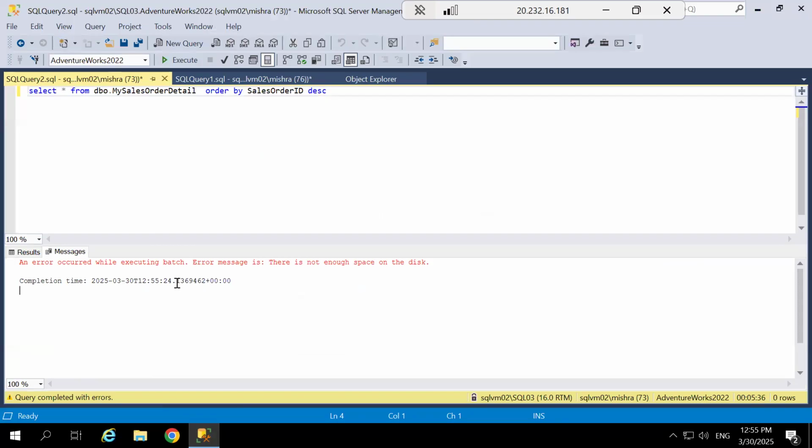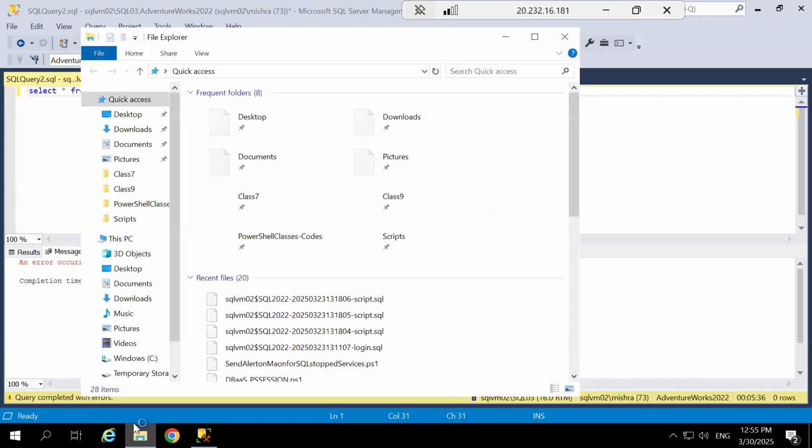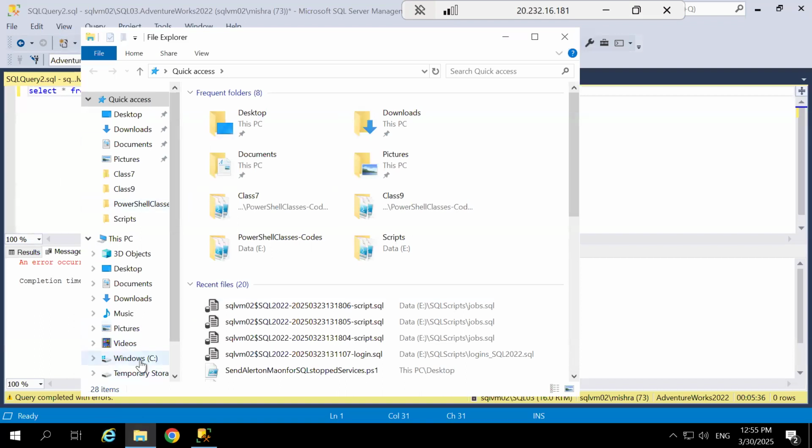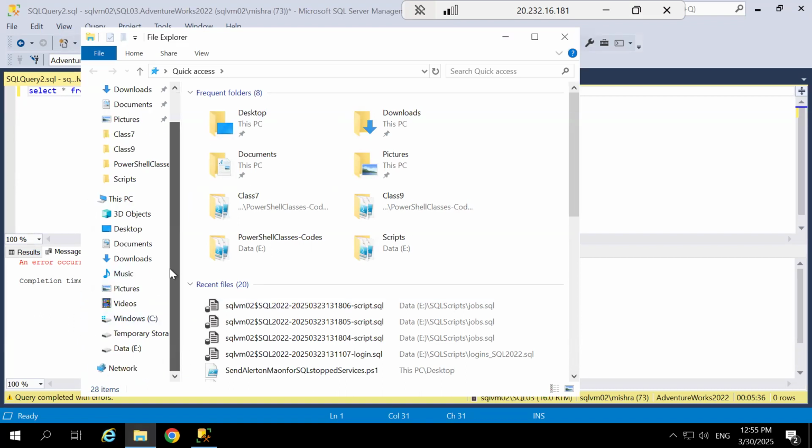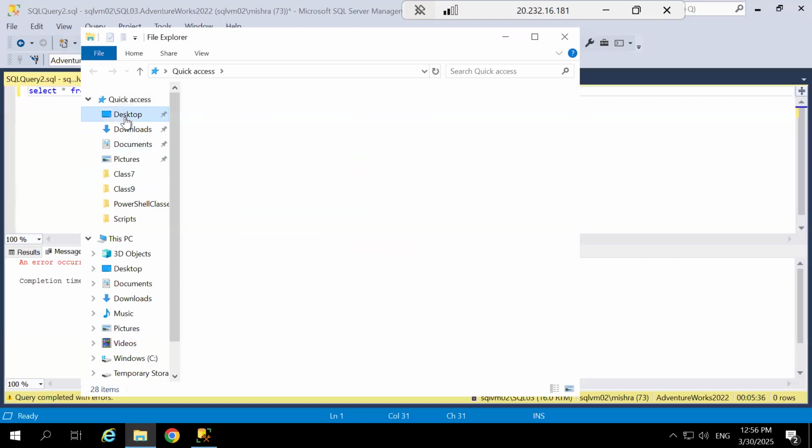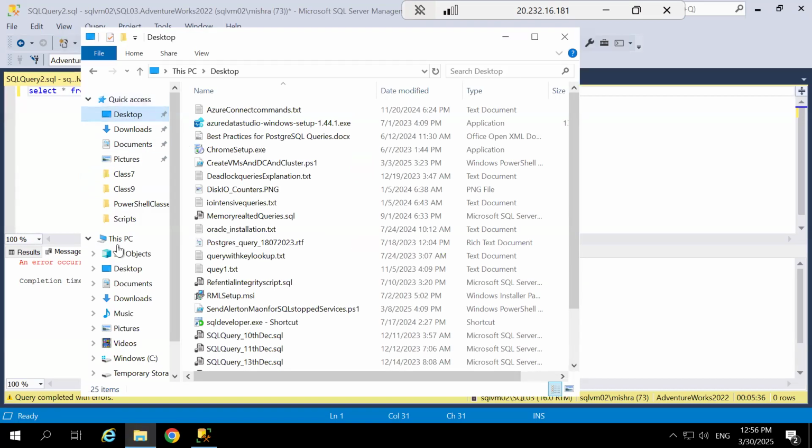An error occurred executing batch. There is not enough space on the disk. Oh, that's the problem. Why? Which disk don't I have space on? Let me check that. This PC.